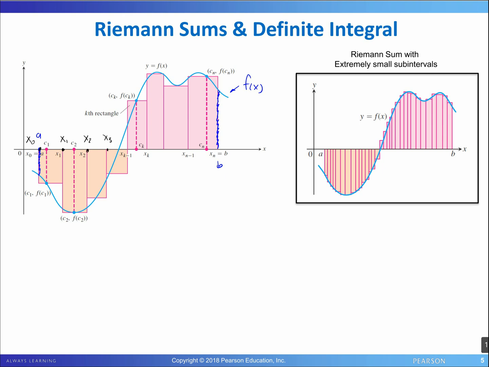And it keeps going until it gets somewhere over here. I'm going to call it xk. K can be any value. And it keeps going again until it gets to the last point right here. Let's call this point xn, which means that the point before that is going to be x of n minus 1.